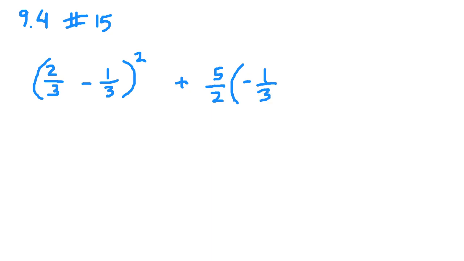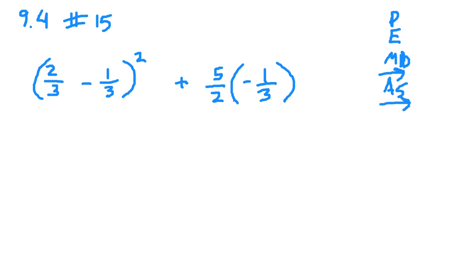All right, to do this problem, you need to follow the order of operations, which says first you do operations within parentheses, then exponents, then you multiply and divide from left to right, and add and subtract from left to right.